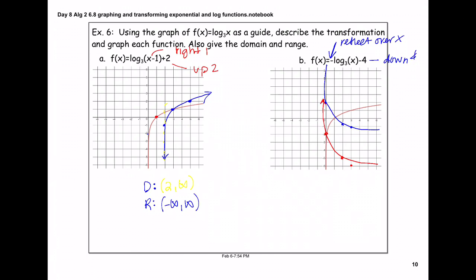And you graphed your log function. The domain would be approaching 0, not touching it, to infinity, even though it appears my line kind of crossed it. And then our range would be negative infinity to positive infinity.